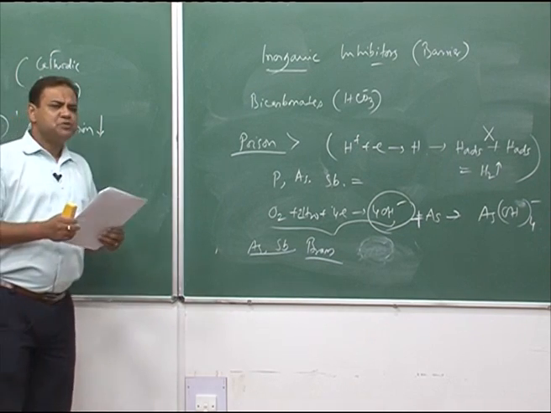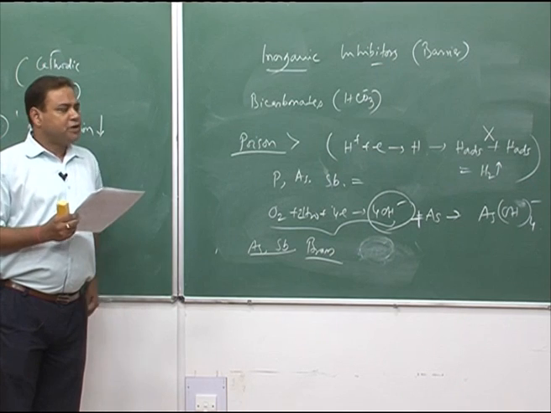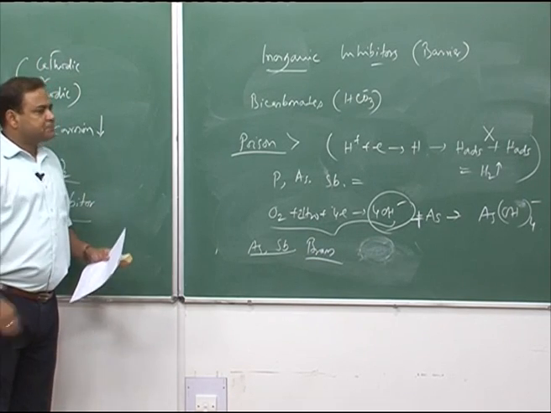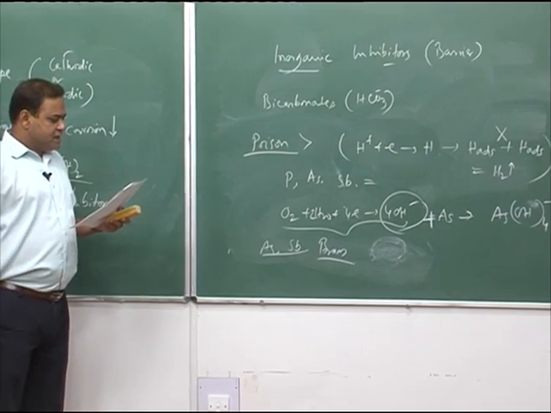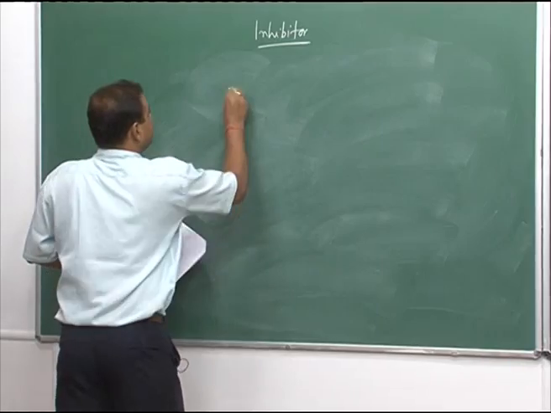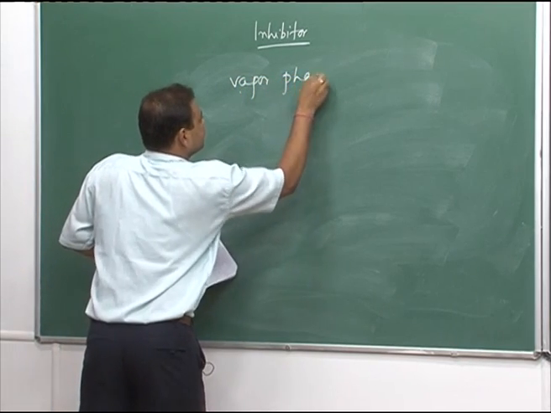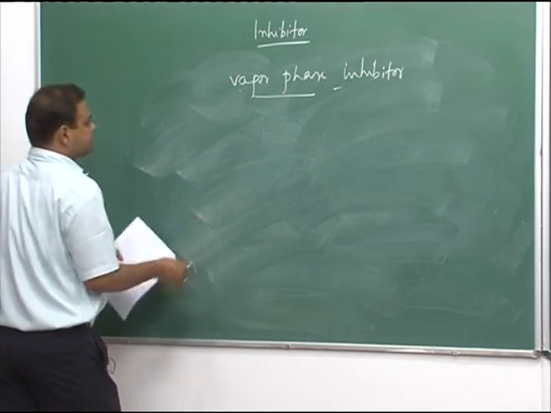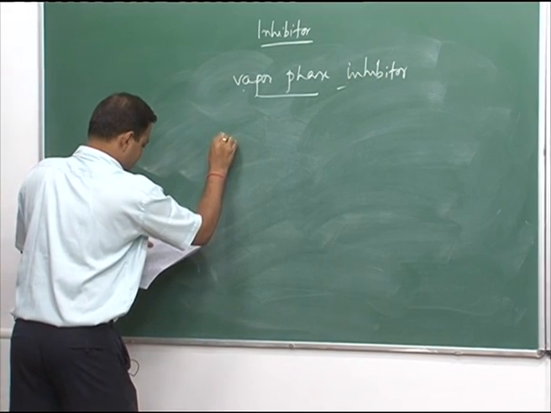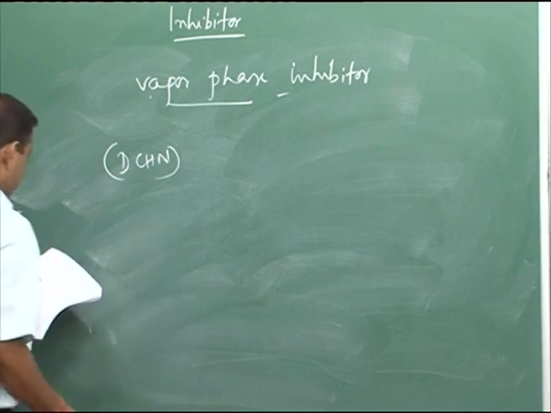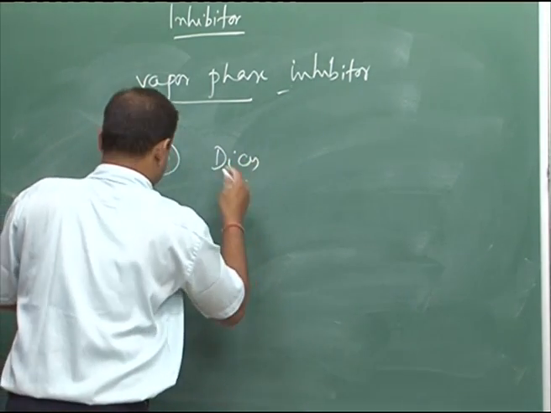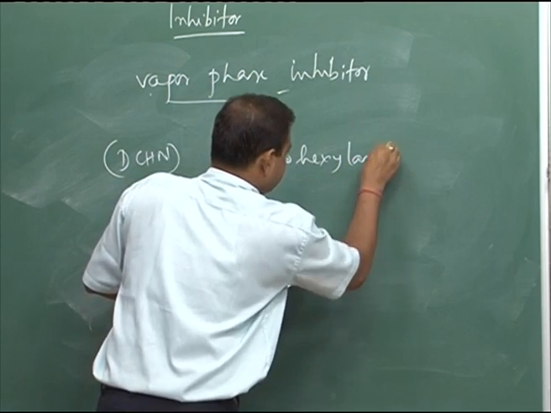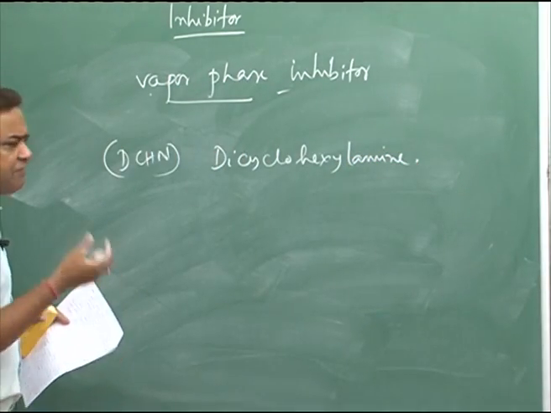Those are used in the case of electronic products, for storage or shipment purposes. One example is dicyclohexylamine, DCHN. These vapor phase inhibitors have a very low vapor pressure.